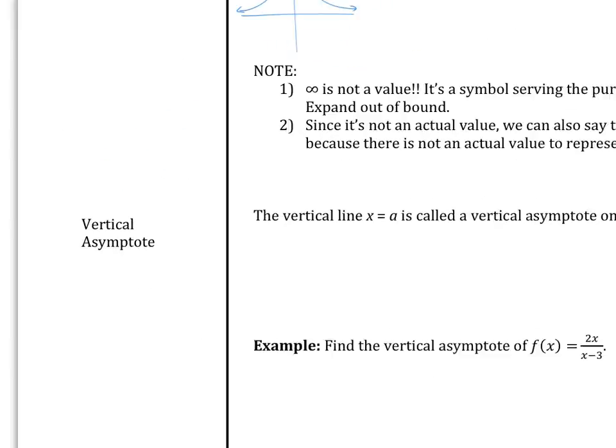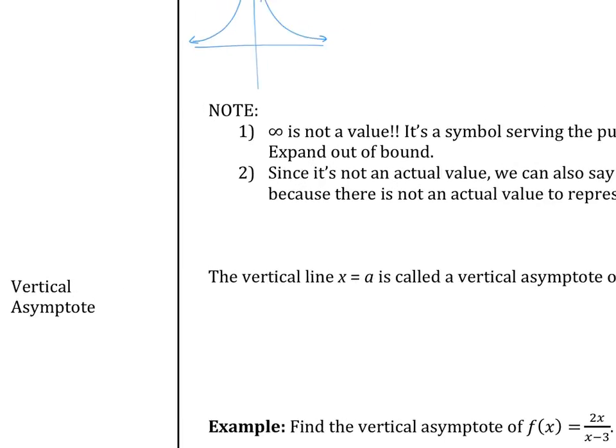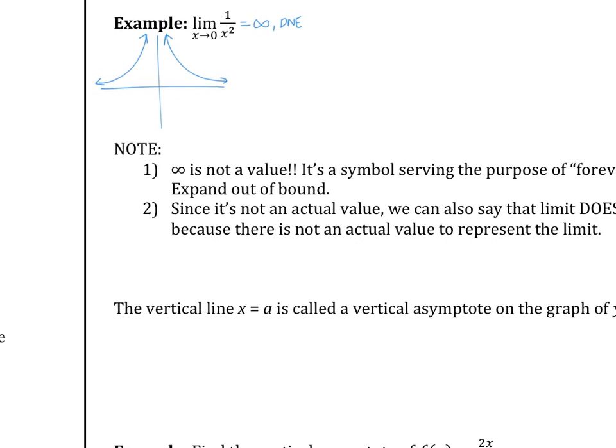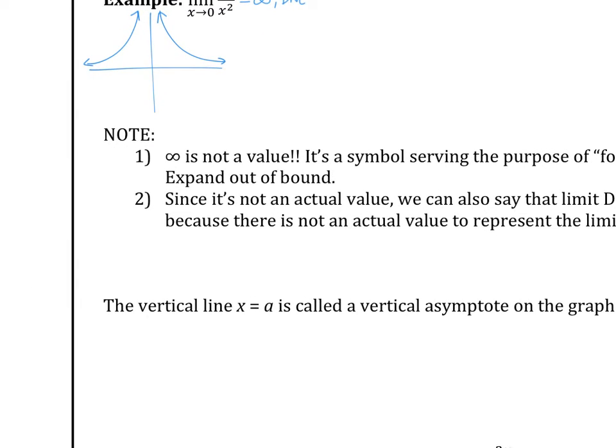Next, vertical asymptotes. Let's review vertical asymptote. A vertical asymptote is that vertical line x equals a on the graph, such that the limit as x goes to a from the negative side of f of x is equal to infinity or negative infinity. So how can you tell if something is going to be a vertical asymptote?